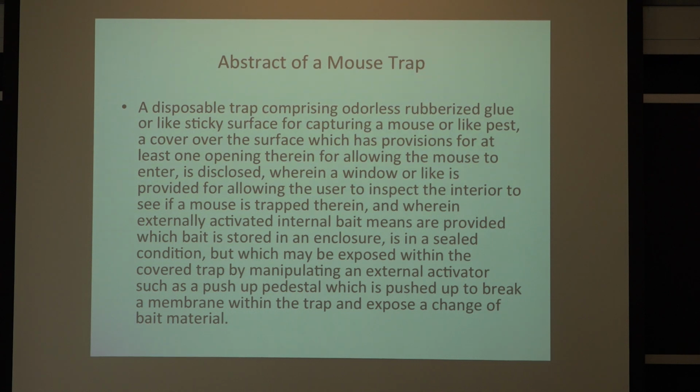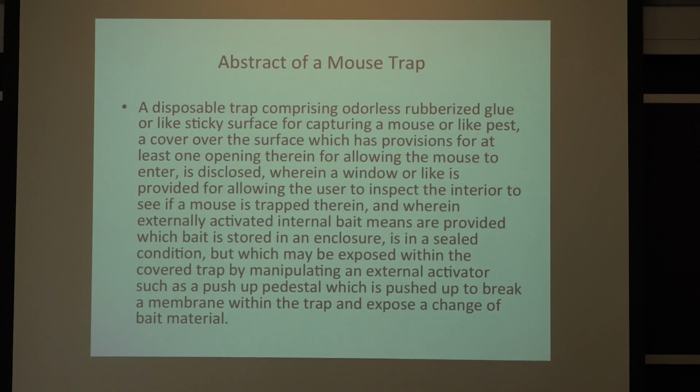A cover over the surface which has provisions for at least one opening therein for allowing the mouse to enter is disclosed, wherein a window or like is provided for allowing the user to inspect the interior to see if a mouse is trapped therein, and wherein externally activated internal bait means are provided, which bait is stored in an enclosure, is in a sealed condition, but which may be exposed within the covered trap by manipulating an external activator such as a push-up pedestal, which is pushed up to break a membrane within the trap and expose a change of bait material.